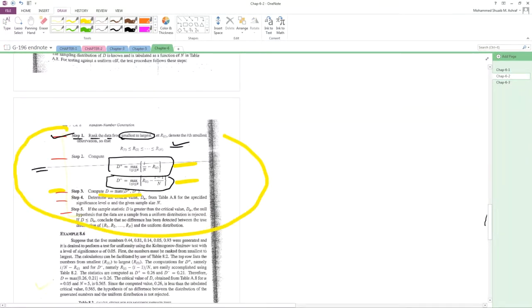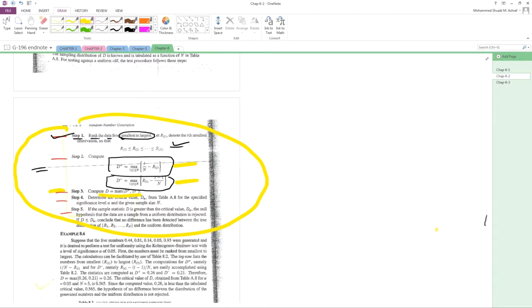In the exam, if there is a question asking you to write the steps, you will write in your own English. In step number 1, we have to arrange the values given in the question into order, starting from the smallest to the largest. Step number 2, we will calculate the table. From the table, we have to calculate the maximum value, the biggest value from the last rows.